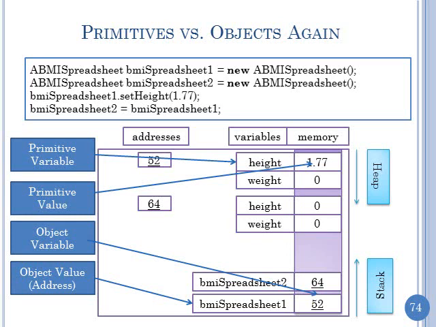Whereas objects have addresses, and these addresses are the ones that get assigned to object variables, not the values themselves. So when you assign an object to a variable, it's not that we copy the whole object into the variable. All object variables have the same amount of memory allocated, one slot for one address. It's not as if different variables are different sizes. And we'll get into that a little more later when we look at wrapper types. Okay? But that's what's going on. Okay, any questions on this?